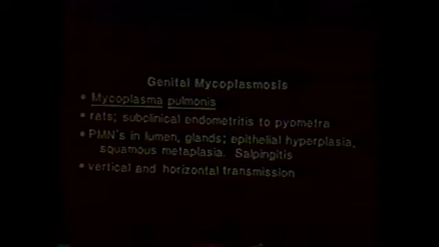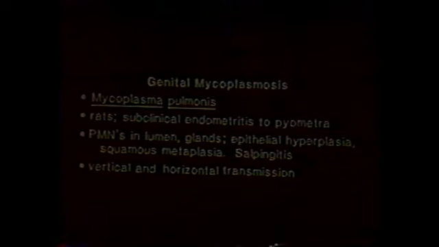Histologically, what we would see is suppurative to neutrophilic inflammation in the lumen of the uterus and the uterine glands. There may be epithelial hyperplasia and squamous metaplasia, quite similar in response to mycoplasma in other organ systems. A note of interest is that there may be vertical as well as horizontal transmission in this disease.